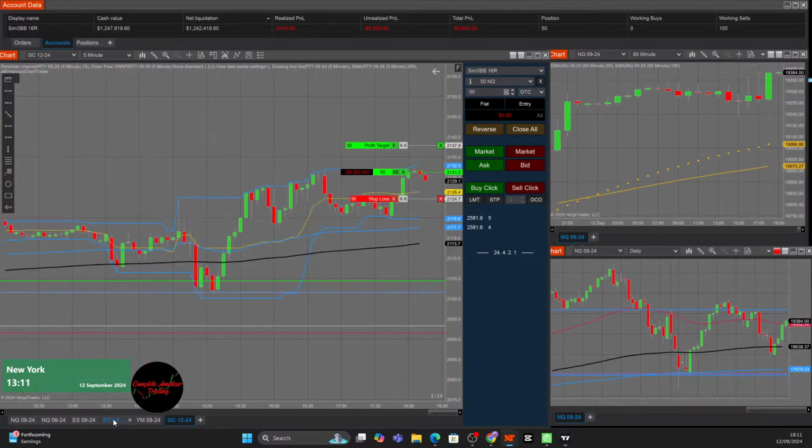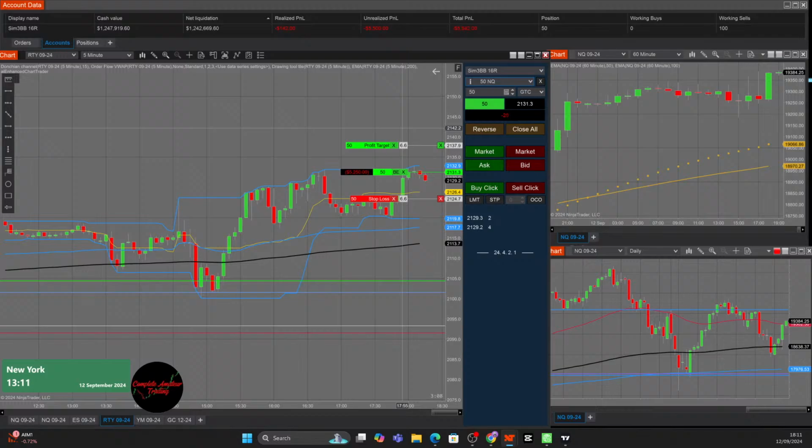Seems RTY here wants to turn around. Well. Make a slightly higher high. Bearish candle. We're seeing selling.